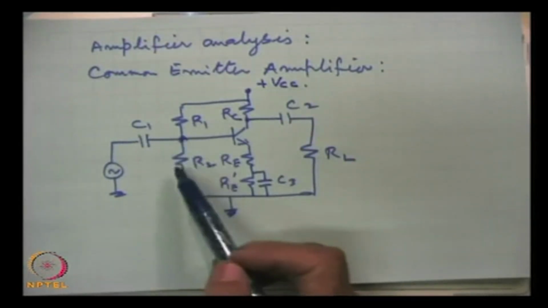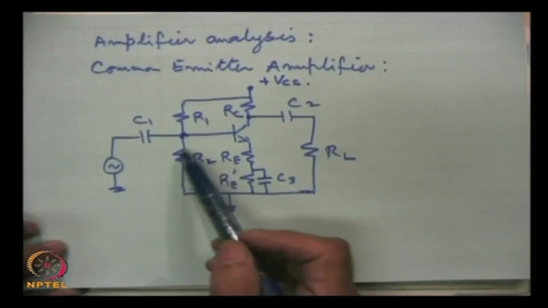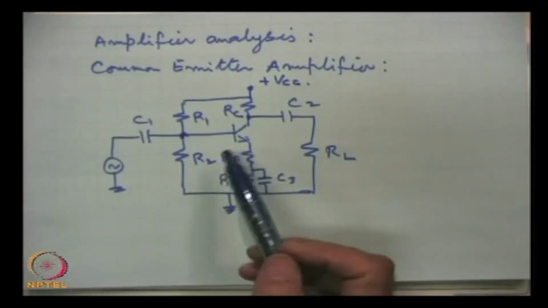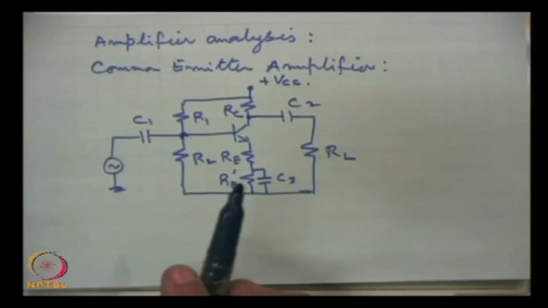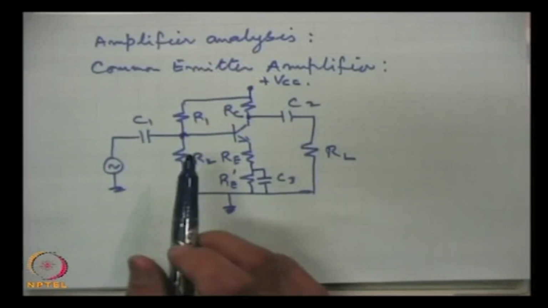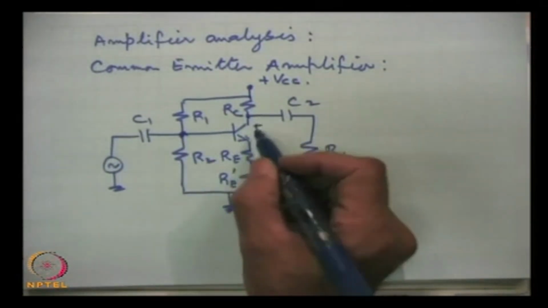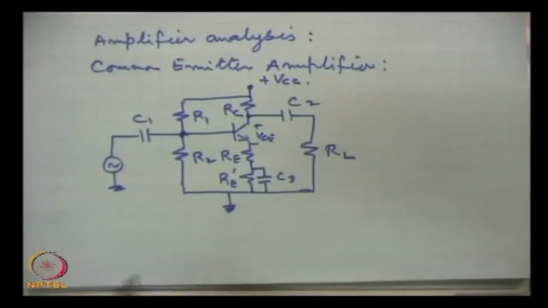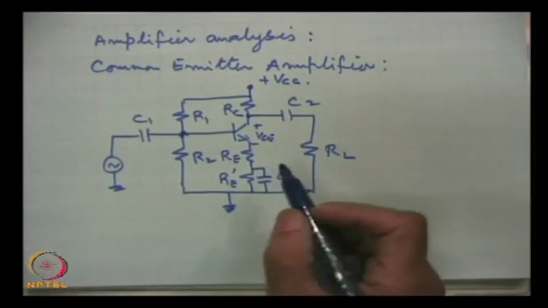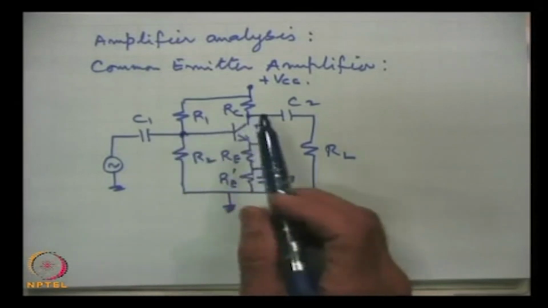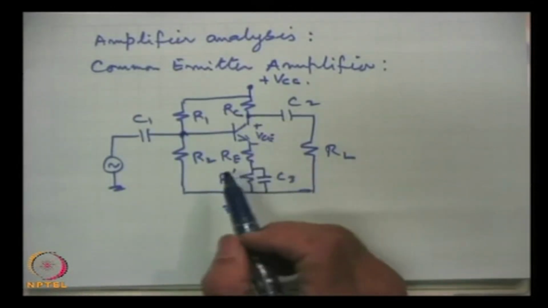These are the resistances which are used to provide a proper bias, and always remember that the emitter junction has to be forward biased and the collector junction has to be reverse biased, so that we are in the active region. Then we have to choose proper values of the DC currents, the IC, and this voltage drop VCEQ. This we have to derive properly, so that the circuit functions.